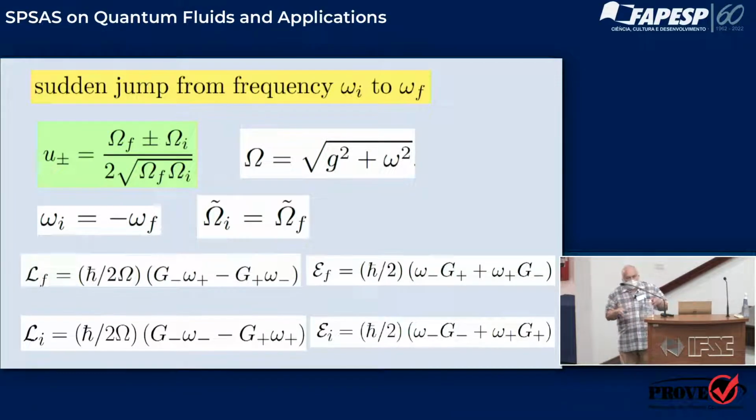There are two parameters, G minus and G plus, and the coefficients will change. So in this case, energy will be the same, and magnetic moment the same by absolute value, but in another direction, only in the case of 0 temperature. If temperature is different from 0, then we change the magnetic field, but the state will be different.